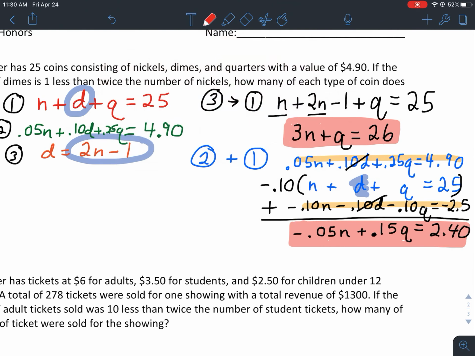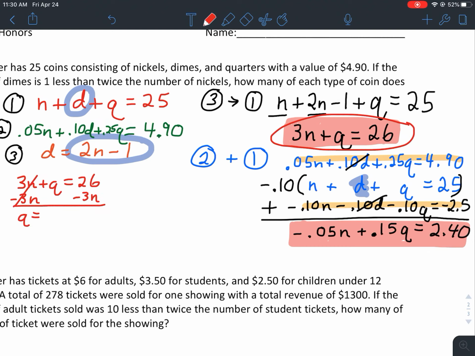I'll use substitution just because we used elimination last time, just to mix it up. So I'm going to take this one and solve for q. To get q, I'm going to subtract 3n from both sides. So I have q equals negative 3n plus 26.